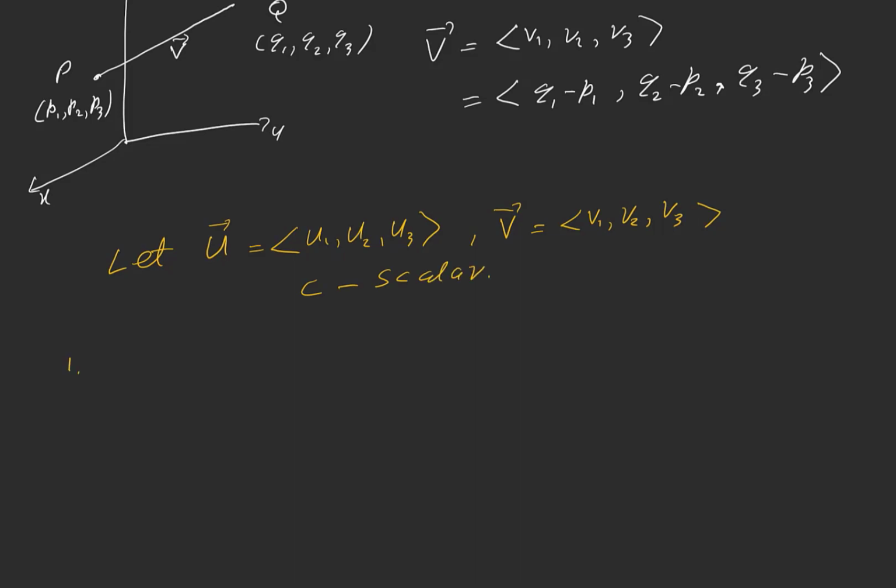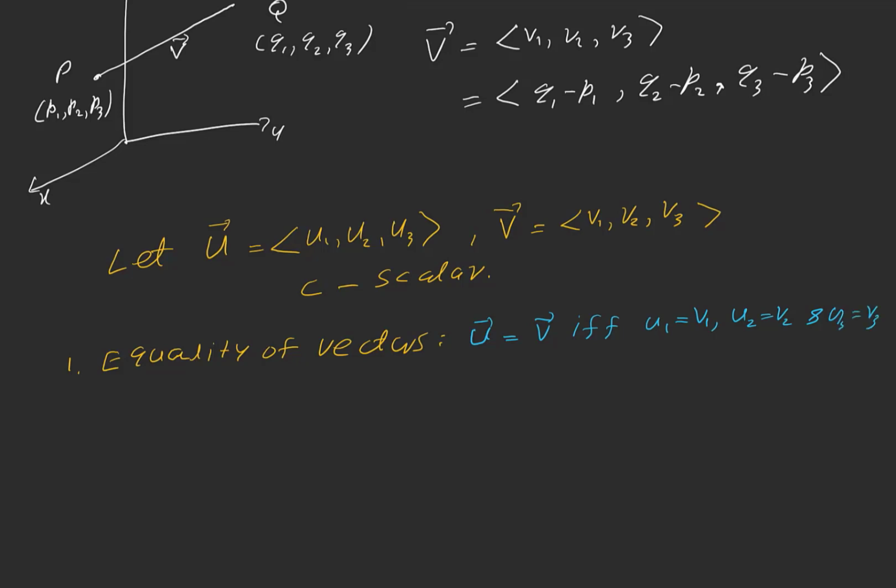Then equality of vectors means u equals v if and only if u1 equals v1, u2 equals v2, and u3 equals v3.